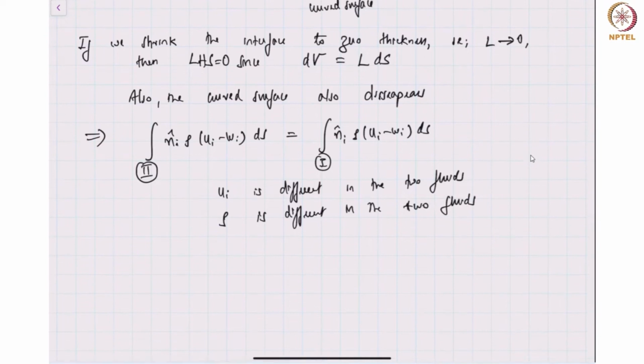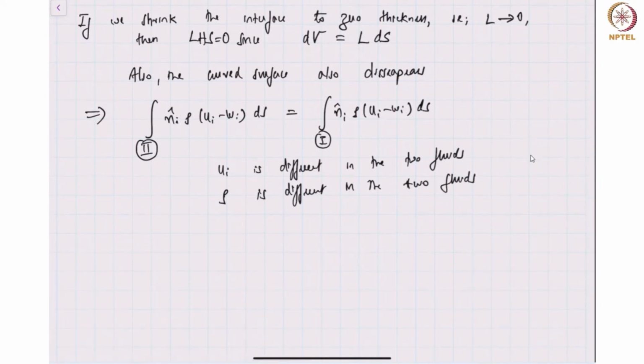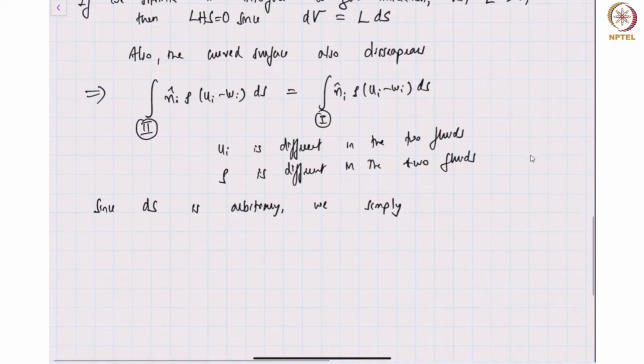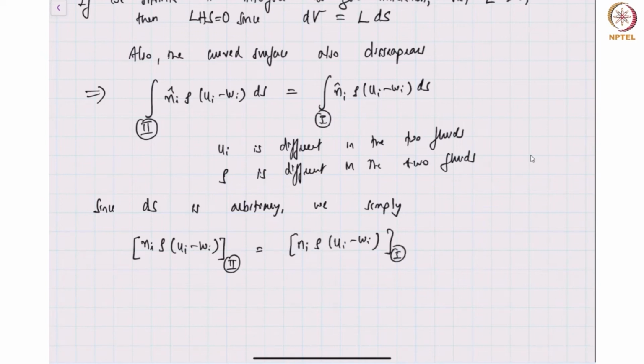Okay, now since ds is arbitrary, we can directly equate the integrands here. What do we have? We have ni rho (ui minus wi) over region 2 is equal to ni rho (ui minus wi) over region 1.